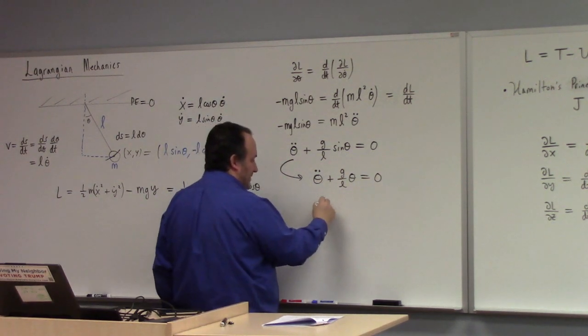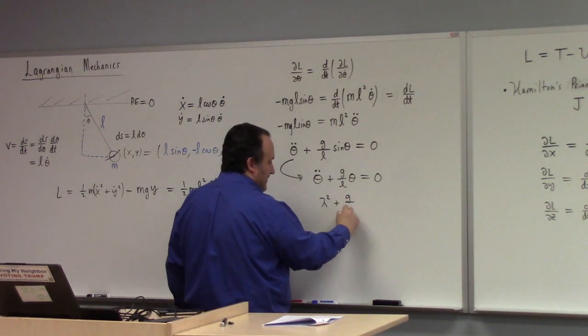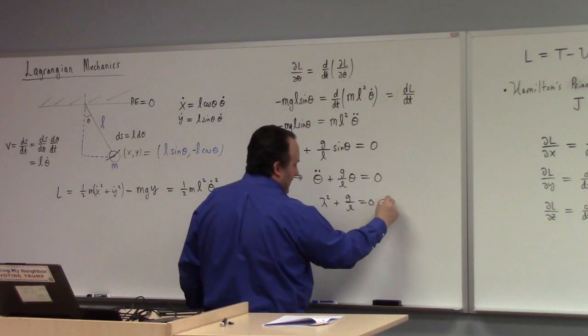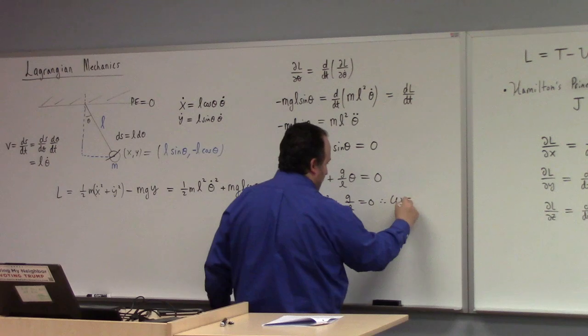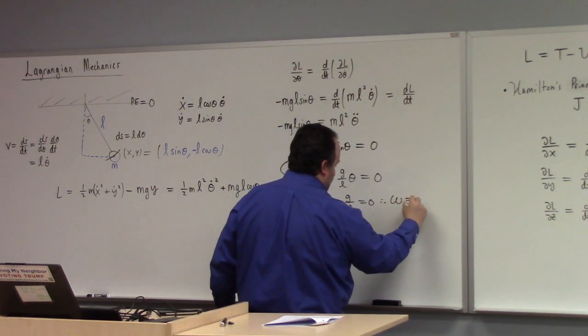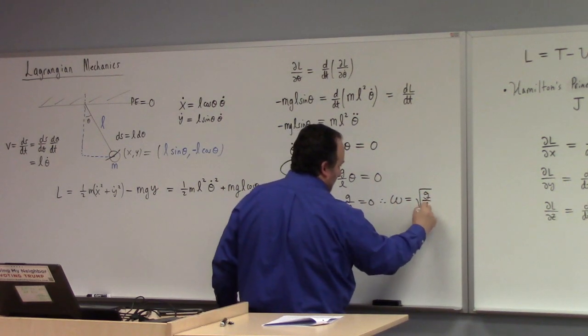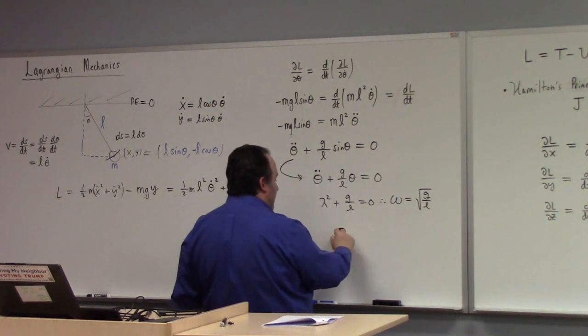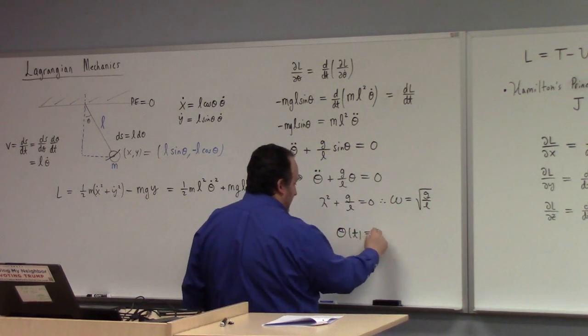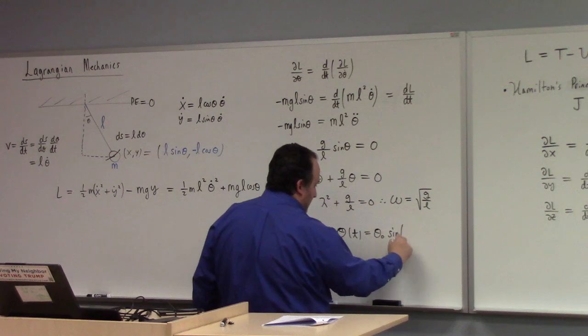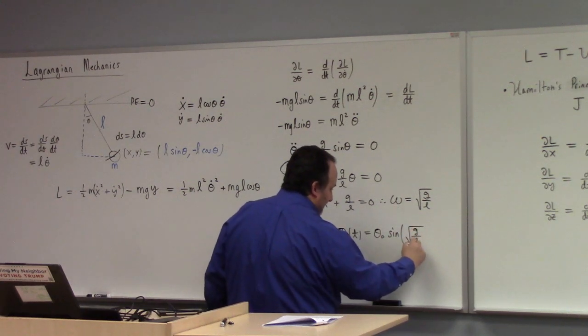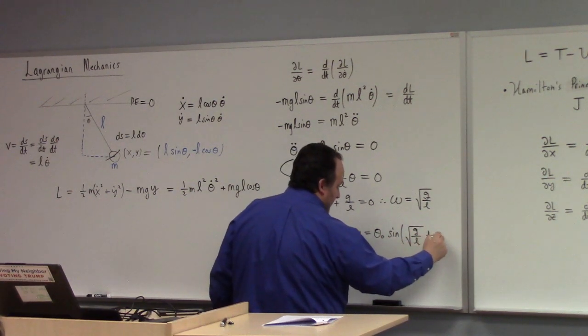We write down the characteristic equation. If you know this sort of thing, my frequency here is the square root of g over L. And so my solution for small angles is something like theta naught sine of the square root of g over L times t plus some phase angle.